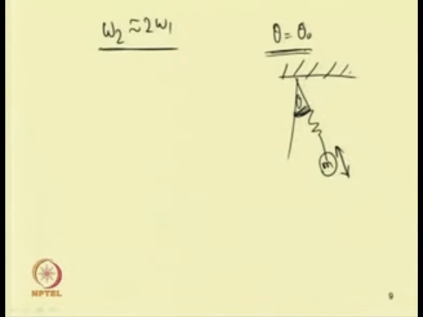If one starts the motion with theta 0 equal to 0 or very small, by pulling the mass m down, one finds that the mass oscillates up and down fast, and then a pendulum type of component of motion develops and grows at the expense of the spring type motion.